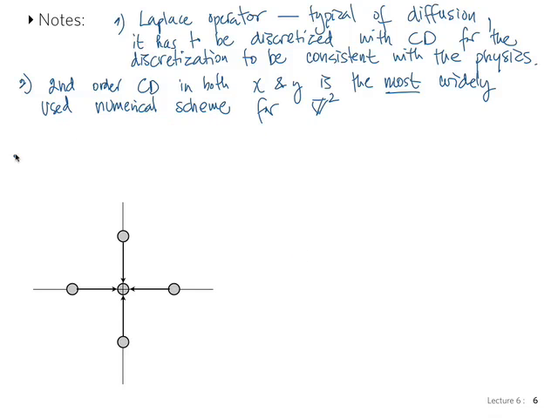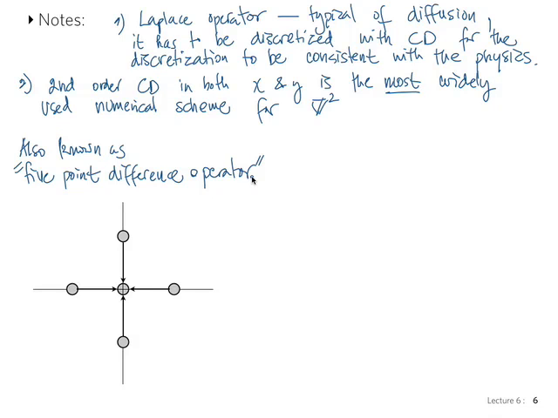It is also known as the 5-point difference operator. And as you can see in this figure that I've drawn of the stencil of the numerical scheme, it's obvious why we call it the 5-point difference operator.